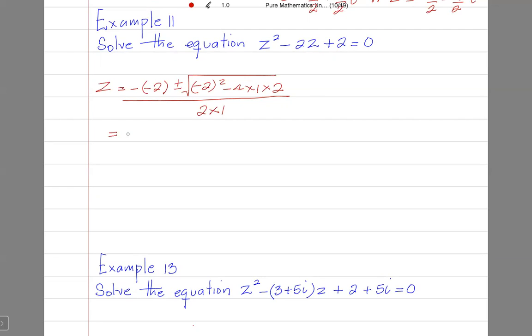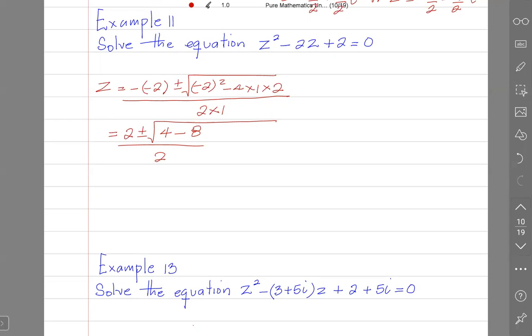A negative times a negative is a positive 2, plus or minus the square root of minus 2 squared is 4, minus 8, and this is all over 2 times 1, which is 2.